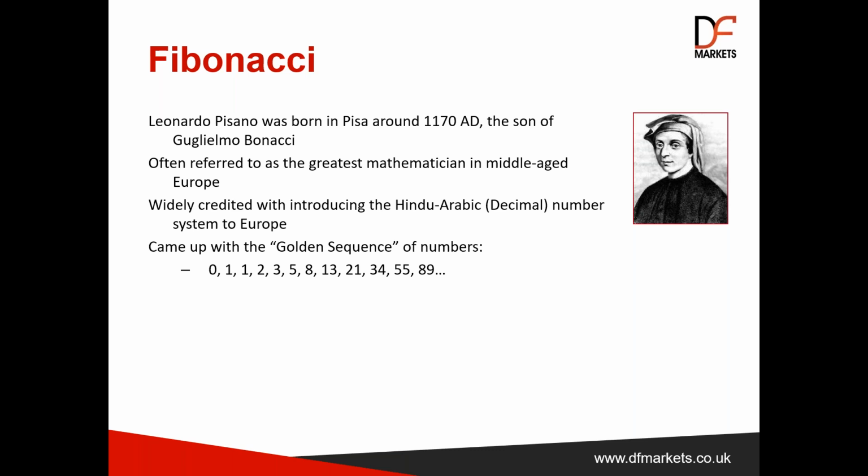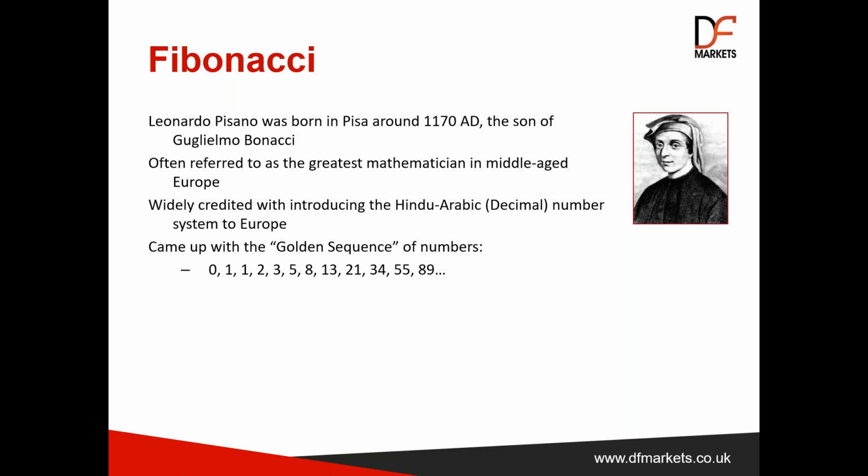With a look at this rather good-looking chap here, who is Leonardo Pisano Fibonacci. He was born in Pisa around 1170 AD, son of Guglielmo Bonacci. Often referred to as the greatest mathematician of Middle Age Europe, and is widely accredited with introducing the Hindu-Arabic decimal number system to Europe.